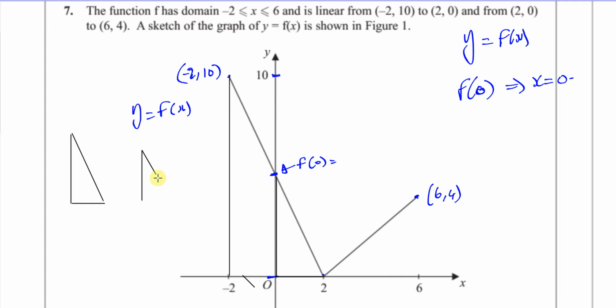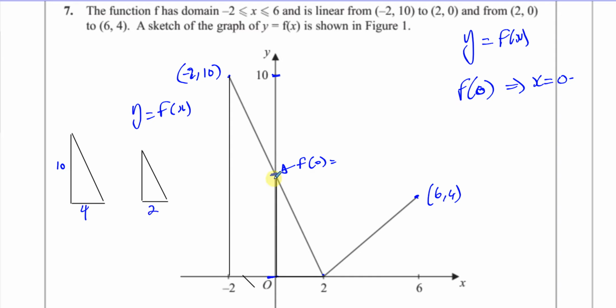We can see very clearly the ratio of the sides. This is 2, and this is from -2 to 2, which is 4. That's the big triangle. This is 4, and this is from 0 to 2, which is 2. And this is from 0 to 10, which is 10.